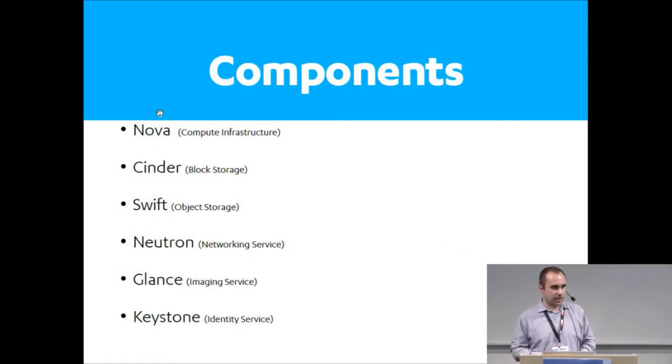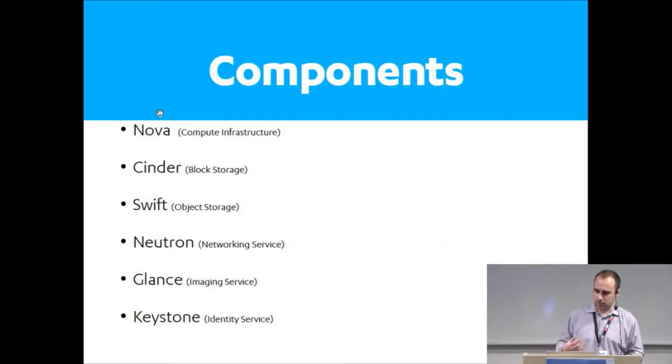Why? Because they enable the 3 essential things in an IaaS. They enable the computing part, and the storage part, and the networking part. So Nova is maybe the most famous component of OpenStack, and it's responsible for the compute infrastructure. You can think about it as something that does what Amazon EC2 does.